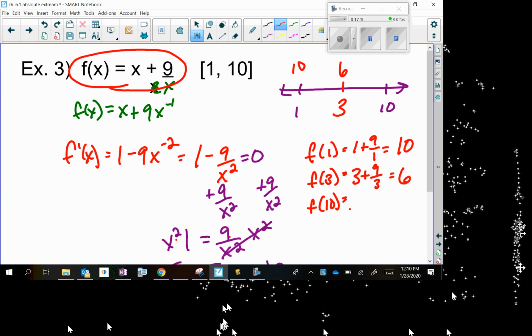F of 10, I get 10 plus 9 over 10, which gives me 10 and 9/10, or 10.9, or 109 over 10. But yeah, 10.9 would make it a little easier to compare, right?